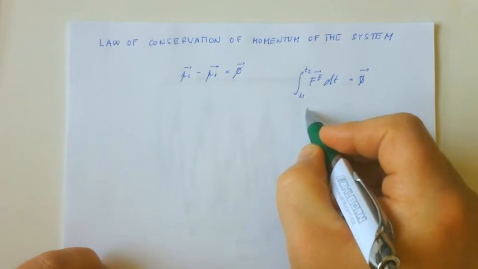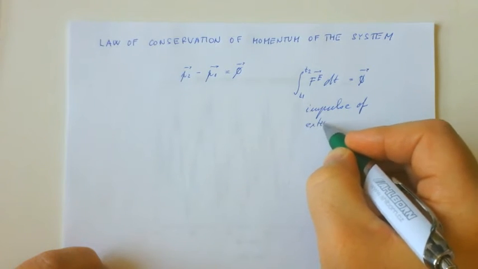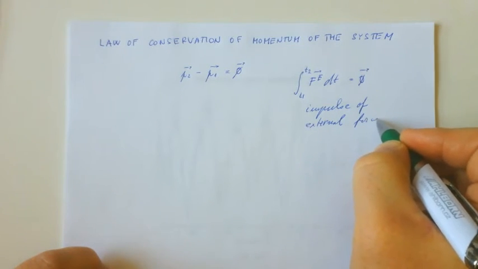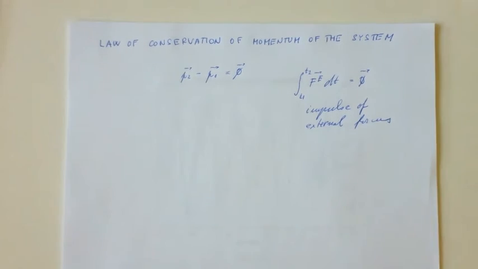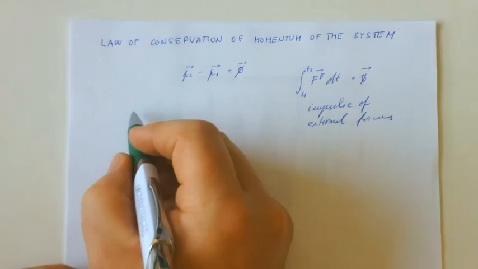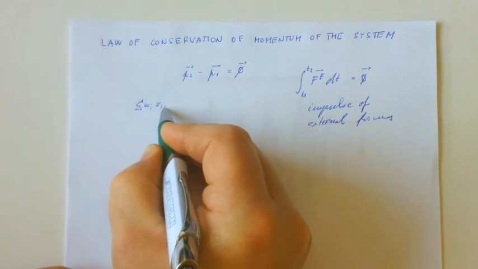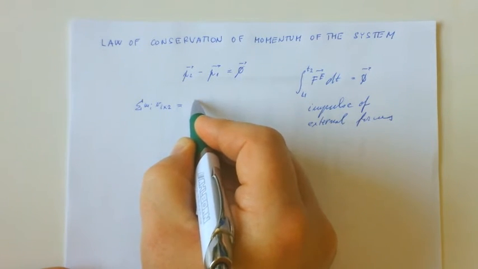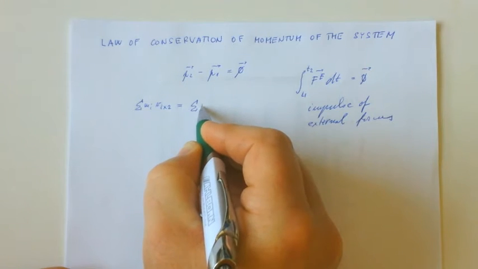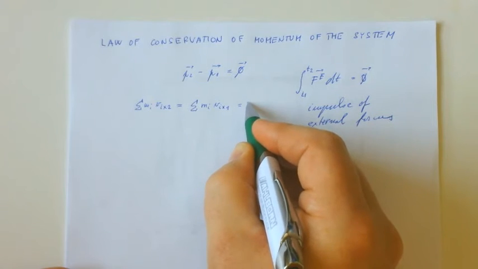So it is the impulse of external force or forces. Yeah. So then we can write that the sum of mi vi x2 is equal to the sum of mi vi x1, and it is constant.